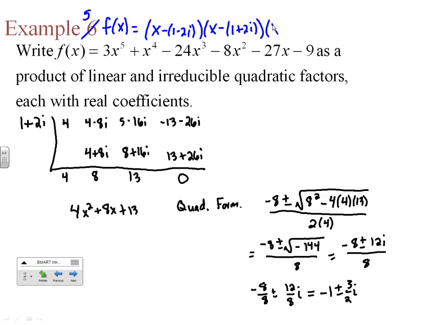Now I have x minus negative 1 plus 3/2 i, and then x minus negative 1 minus 3/2 i. So that's the linear factorization for this problem. That's quite a bit of work.